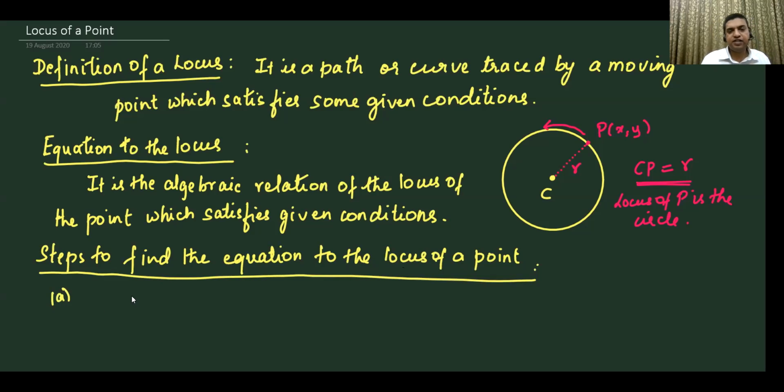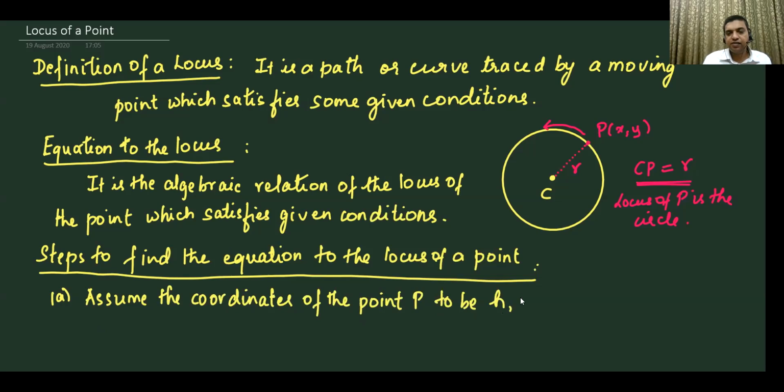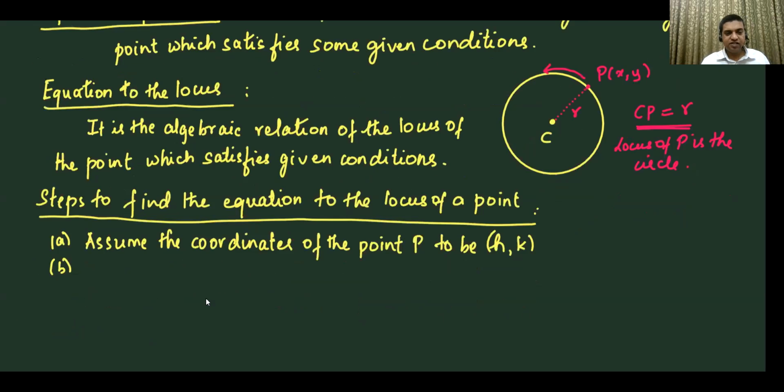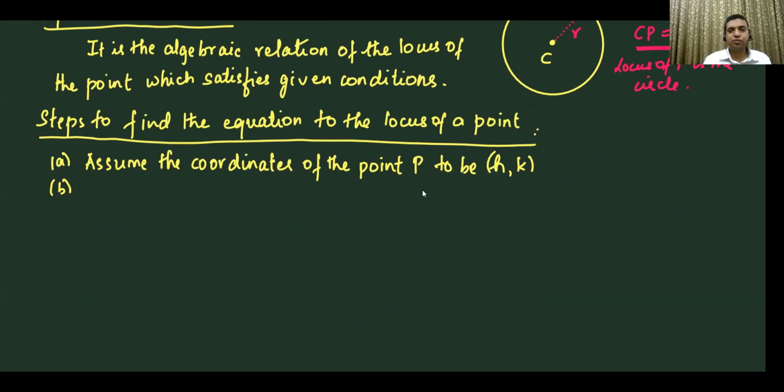So first step to do is assume the coordinates of the point P to be h comma k. This is the easiest way to do. Then P is the point for which locus has to be found. Locus of a point P.